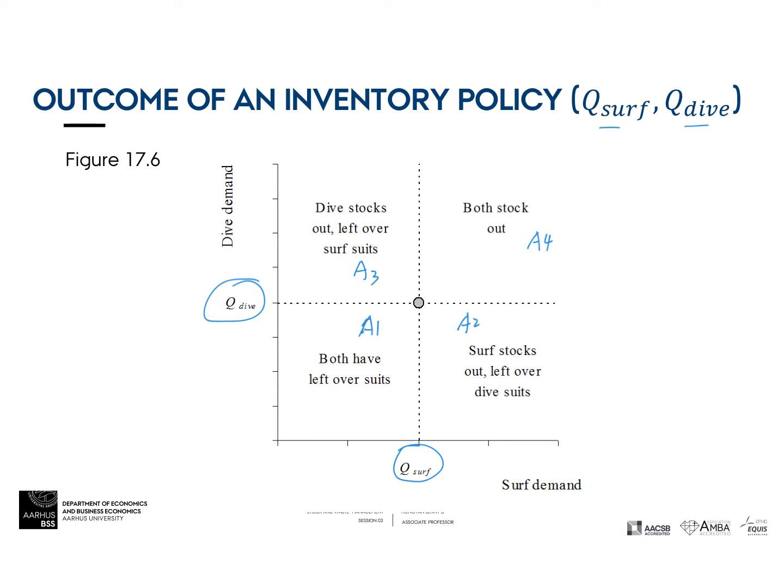In area 4, both items stock out, meaning the demands are both very high. In areas 2 and 3, we have one stock out and one leftover. That's the outcome of independent order quantity decisions.